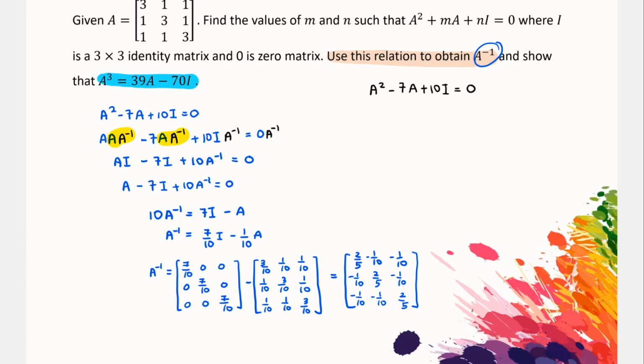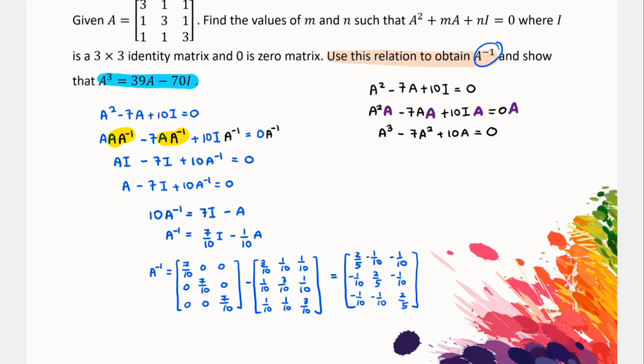To get A cube, we need to multiply this relation with A. So A squared multiplied by matrix A, minus 7A multiplied by matrix A, plus 10I multiplied by matrix A, equals to 0 multiplied by matrix A. And A squared times A will be A cube. So A cube minus 7A squared plus 10A is equal to 0.